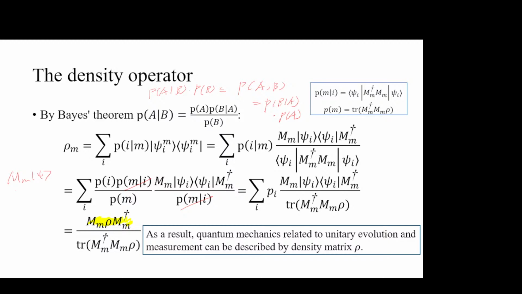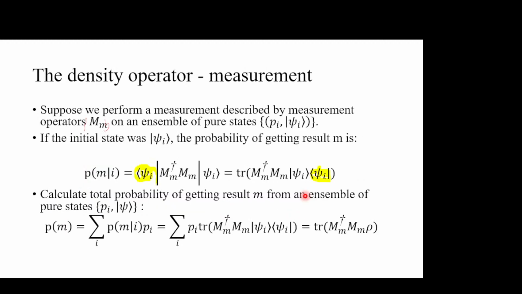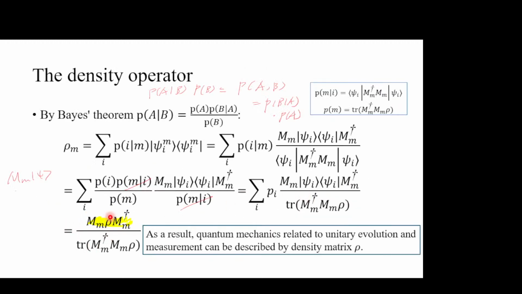Then you normalize by dividing by the trace, because later we'll show that all density operators have trace 1. So you divide by its trace, and then it becomes trace 1. You see that this has a similar form to the unitary evolution. In unitary evolution, you sandwich your rho with U and U dagger, and when you do measurement, you sandwich your state rho with M and M dagger. Any question with this derivation? This is a bit more complicated.